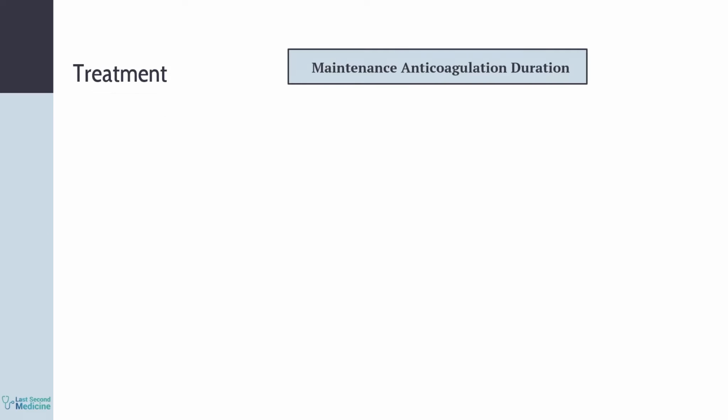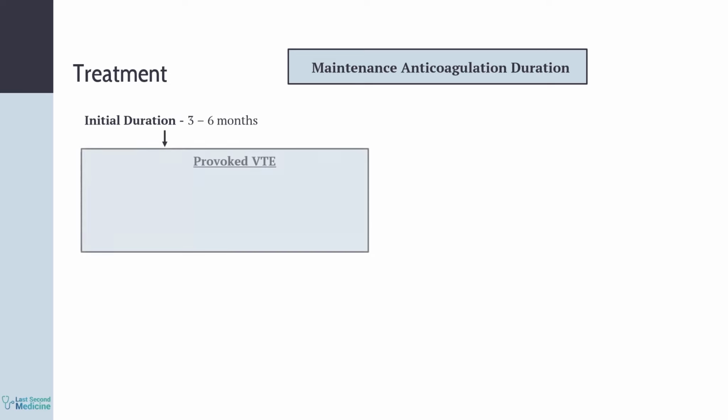What is the optimal length of anticoagulation? Beyond the initial anticoagulation, long-term or maintenance anticoagulant therapy for VTE is administered for a finite period of 3 to 6 months. In cases of provoked VTE, it is 3 months. Then reassess the risk-to-benefit profile.